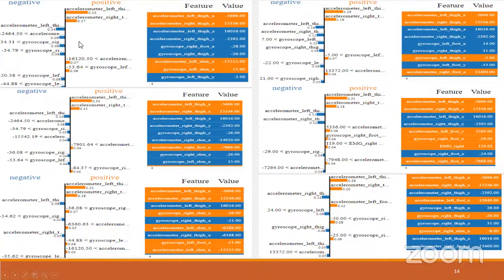So what we did, we tried it in 10 cycles so that we see the instability, because we are saying when you try it several times, then it is unstable, or it produces unstable results. On this side here is our model, and on this side here is the LIME.